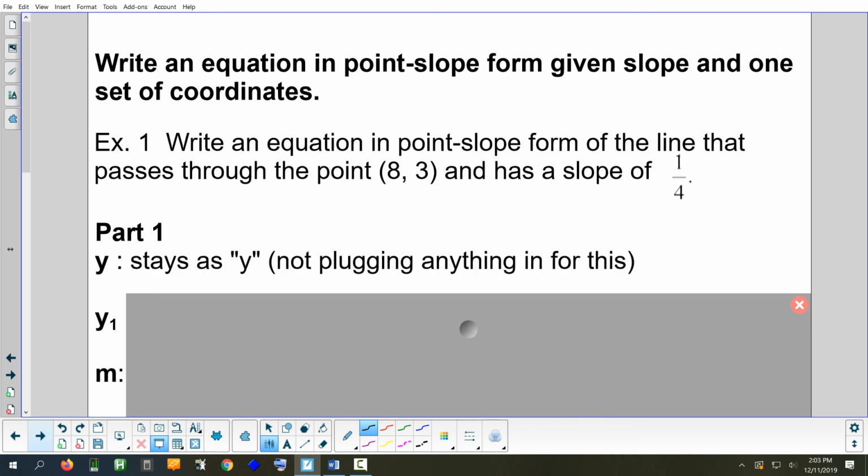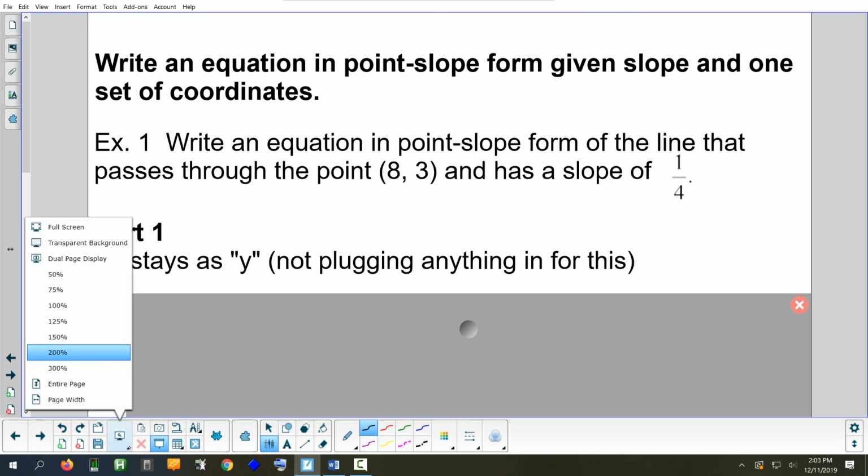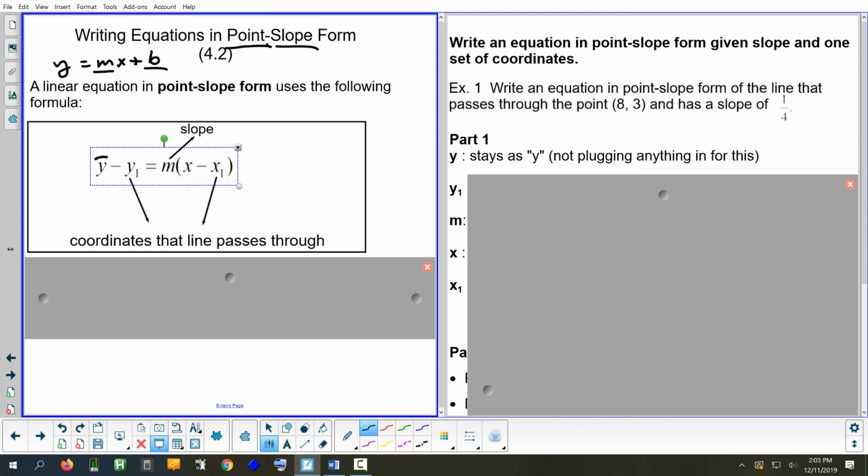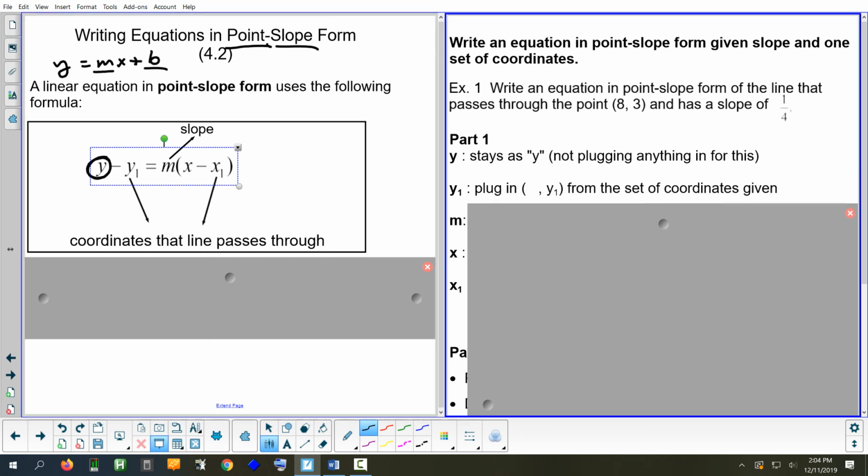The y stays as y. You are not plugging anything in for what I just circled. So you're going to copy it down. Y stays as y. The minus is also going to stay. We're not going to do anything with the minus. The y1 is going to change. What's it going to change to? Well, you're going to look at your coordinate.